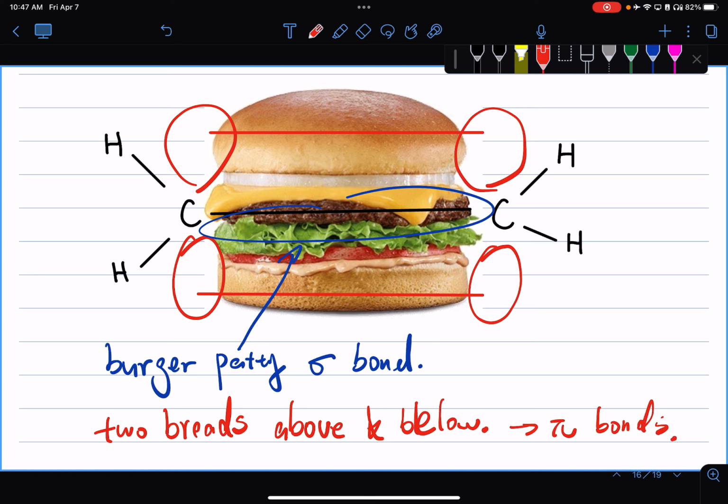All right, so that's one common misunderstanding you want to settle ahead of time: your pi bond is both above and below your sigma bond.